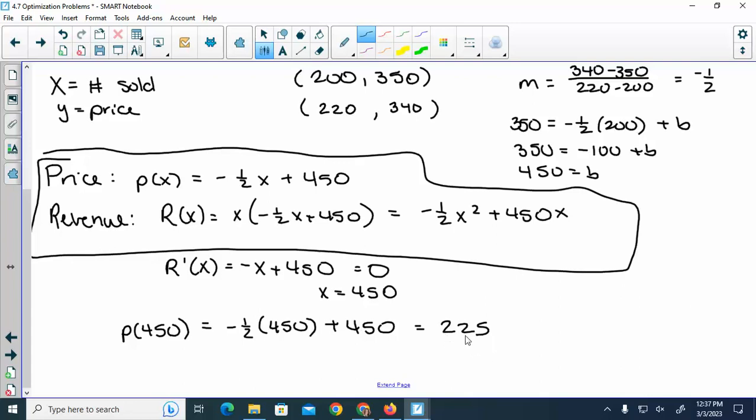So that means my price should be 225. So how do we find the rebate? Yeah, we started at 350, and if we sell it for 225, then we dropped our price by 125. So we had a $125 rebate.